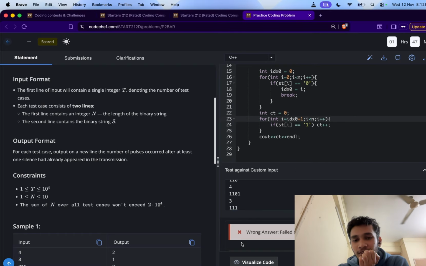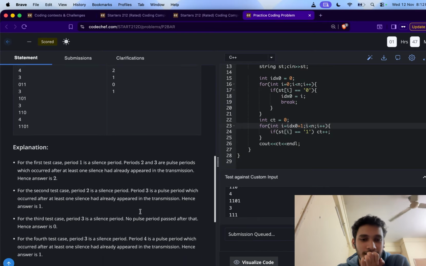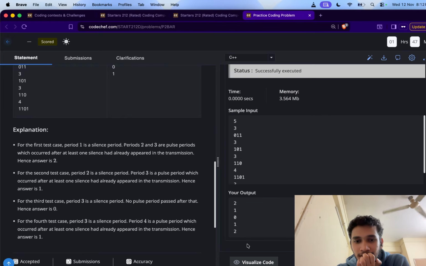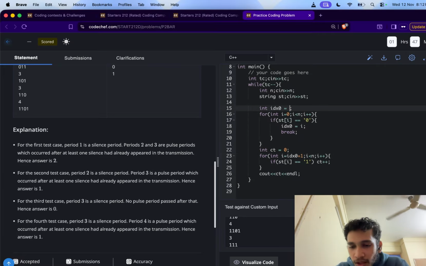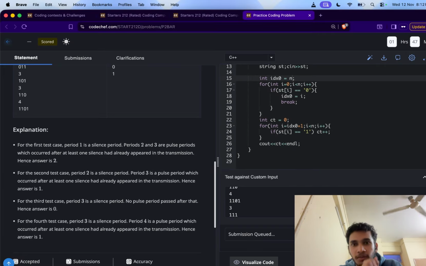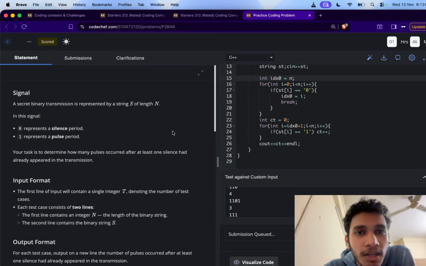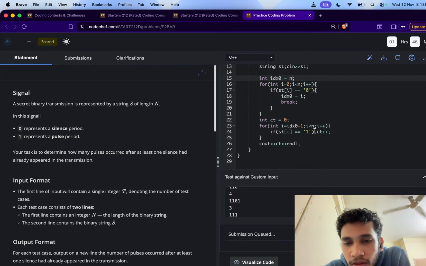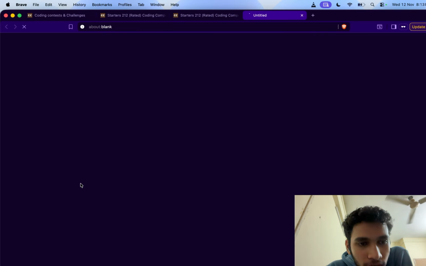So it would give the answer as 2, but the answer should be 0. Let's compile and check. The answer is 2, but it should be 0. So let's initialize it with n. Now the answer is coming as 0, so let's submit it. Let's move to the next question.